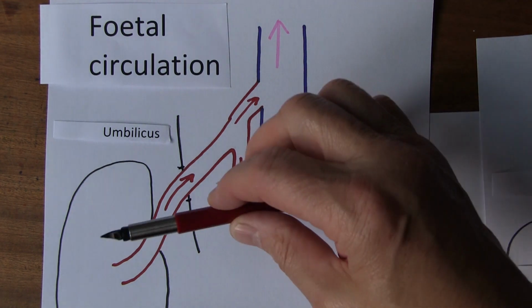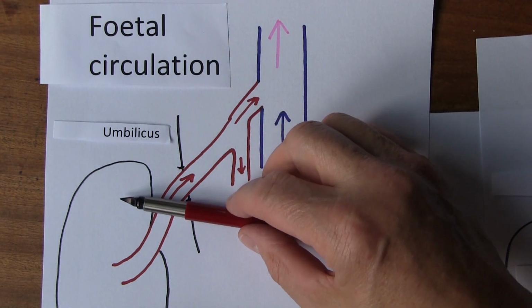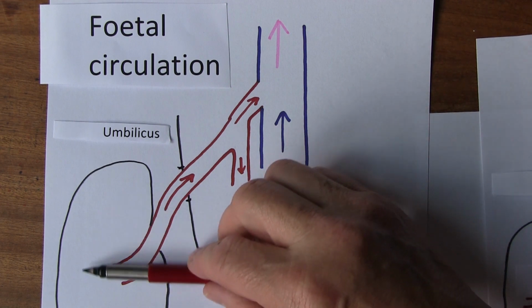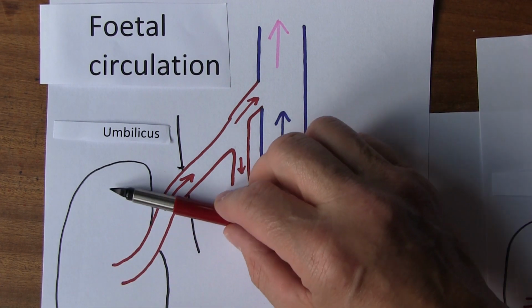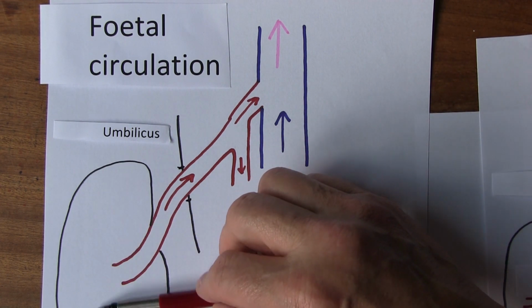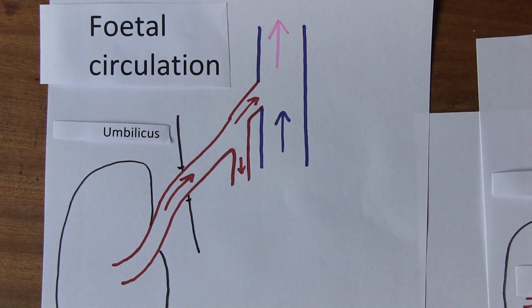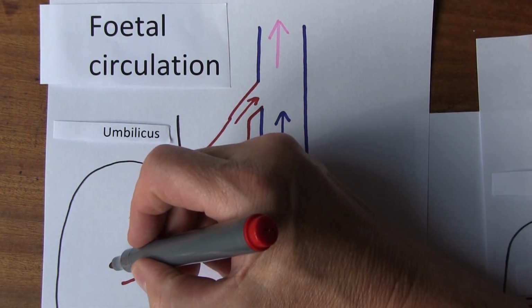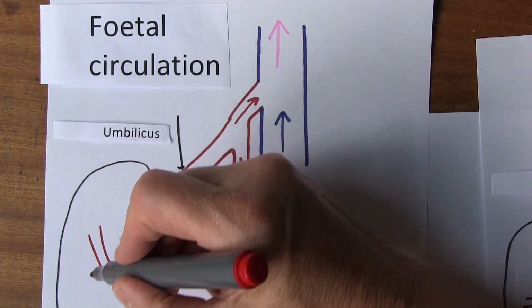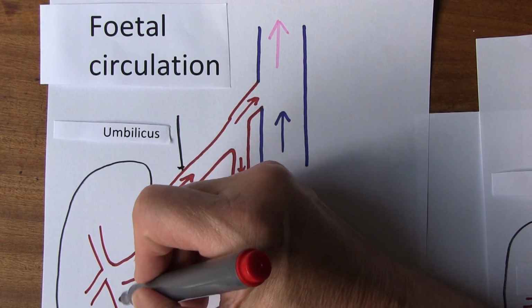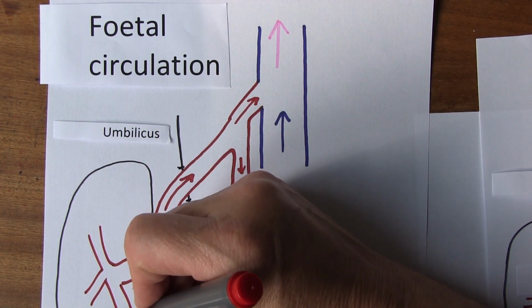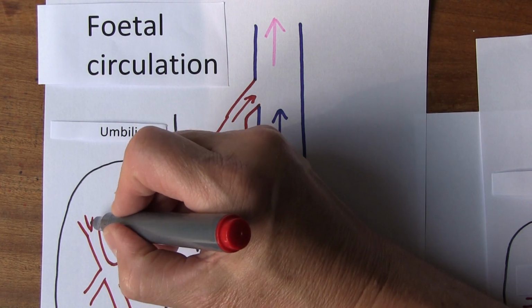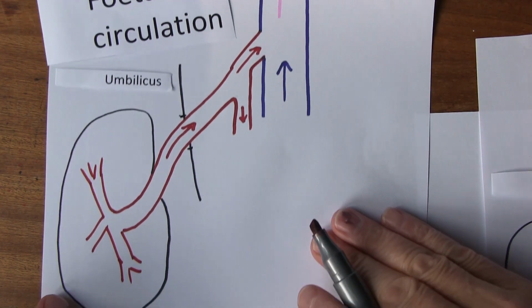And we've noted that the blood goes to the placenta via the two umbilical arteries. It goes through the capillaries of the placenta. It drains from the capillaries of the placenta and eventually drains back, as we've said, in later fetal life, into one single umbilical vein.